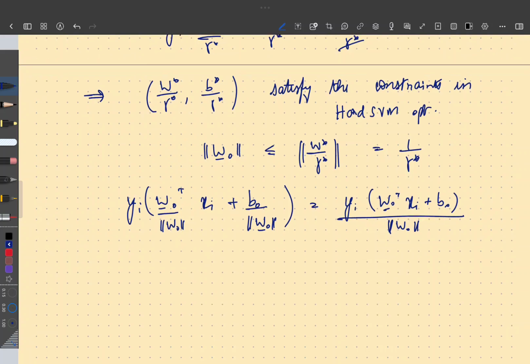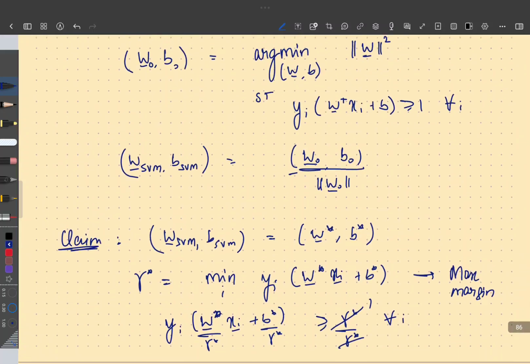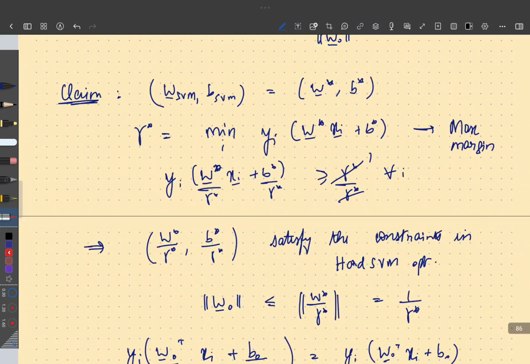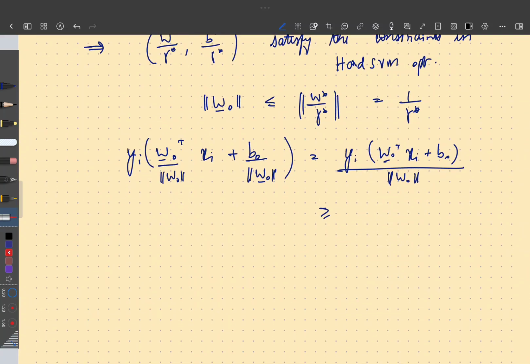This is greater than or equal to, since W0, B0 must satisfy the constraints of the Hard-SVM optimization problem, so the numerator should be greater than or equal to 1 for every i.